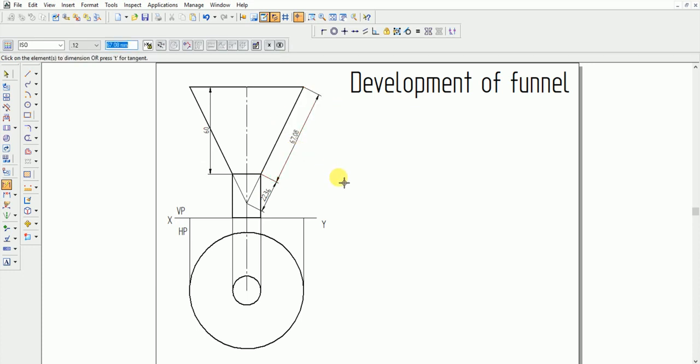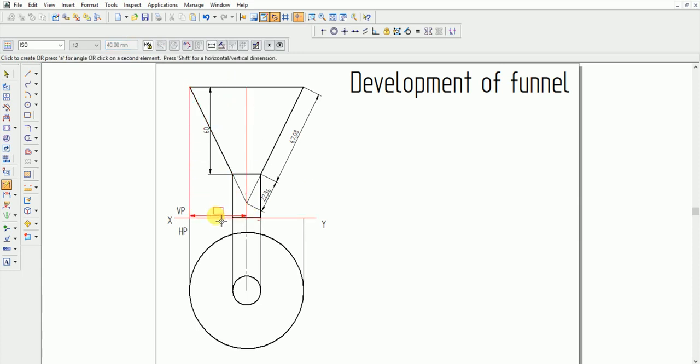So that is 67.08 and 22.36. Now let us start with the actual development. Development in this case is pretty simple. So 67.08 plus 22.36 is roughly equal to 90 itself.